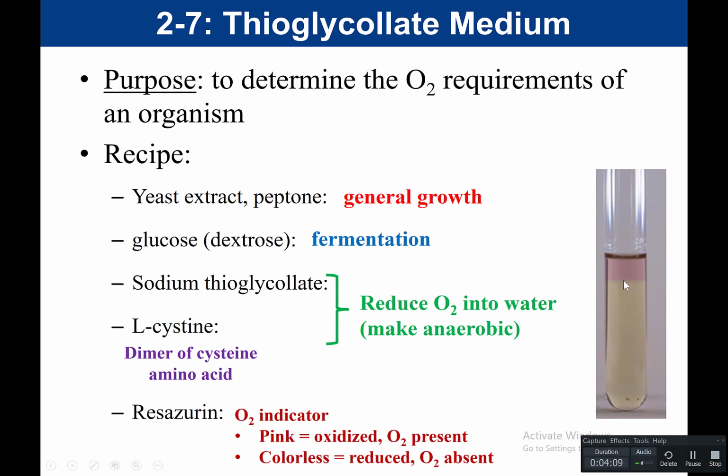And so this portion of the tube is anaerobic, and the Resazurin is colorless, meaning we don't see a color because the Resazurin is reduced and O2 is absent. Where it's colorless, the tube is anaerobic. Where it's pink, the tube is aerobic. And so this allows us to see where the bacteria grow.